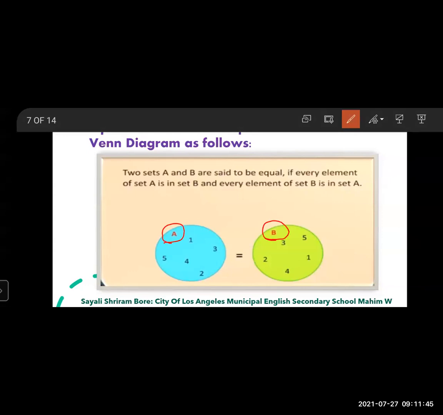Here we have 1, 2, 3, 4, 5, and here also 1, 4, 3, 2, 5. Normally we write A is equal to 1, 2, 3, 4, 5 in the listing method. In the same way, B is equal to 1, 2, 3, 4, 5.